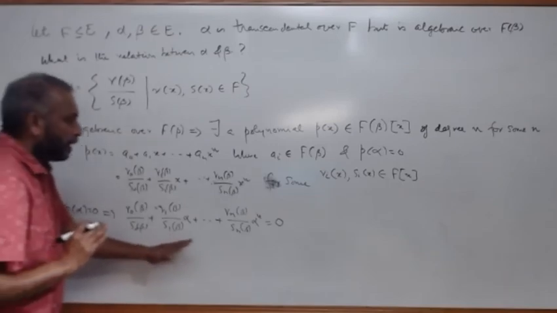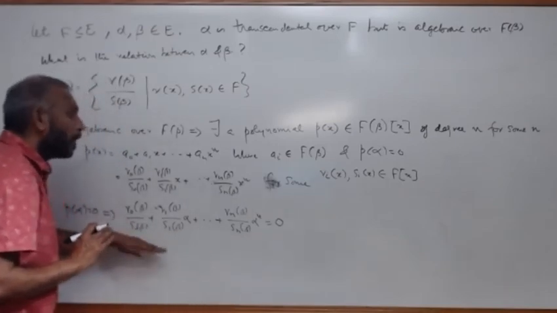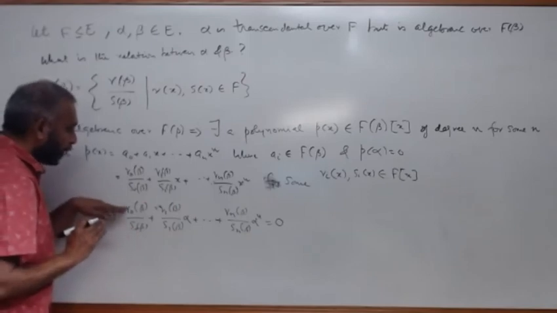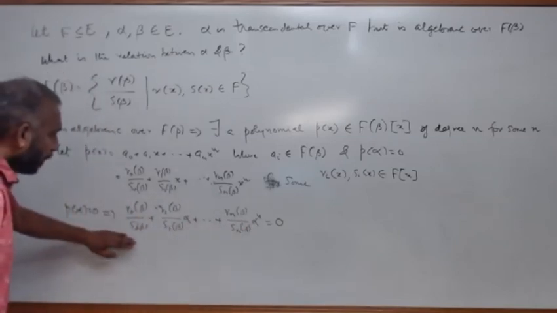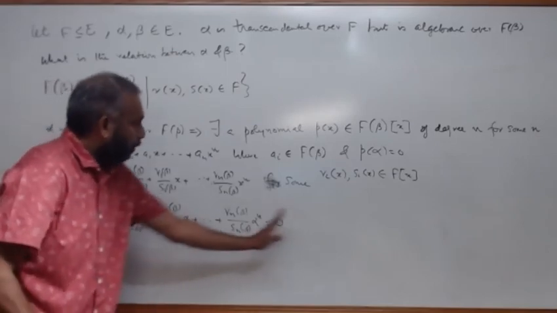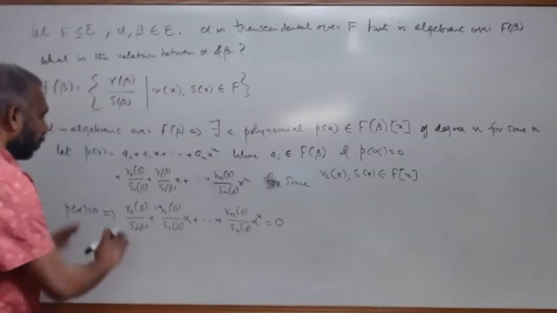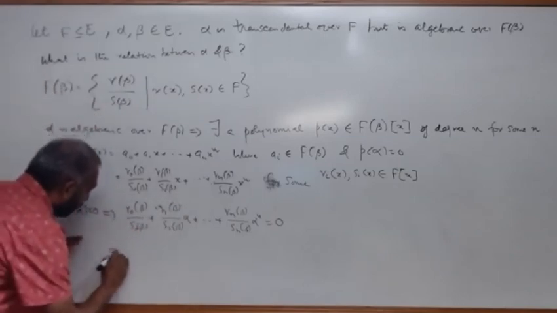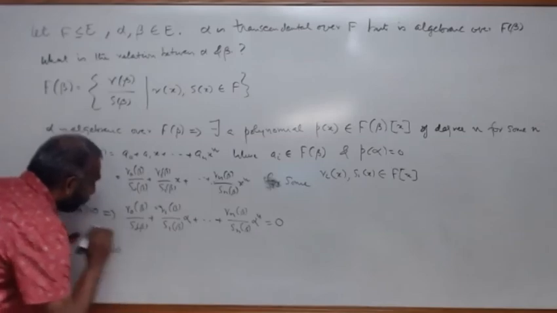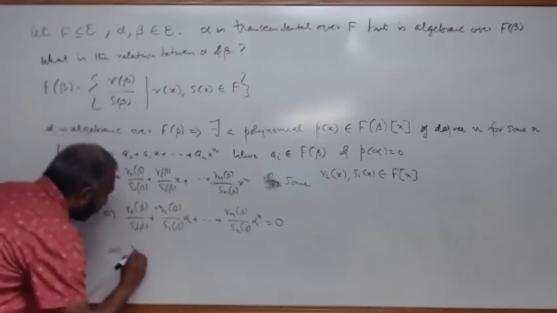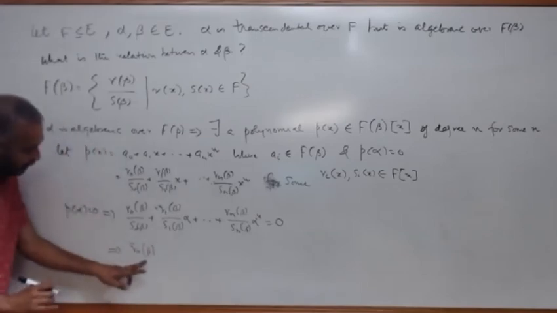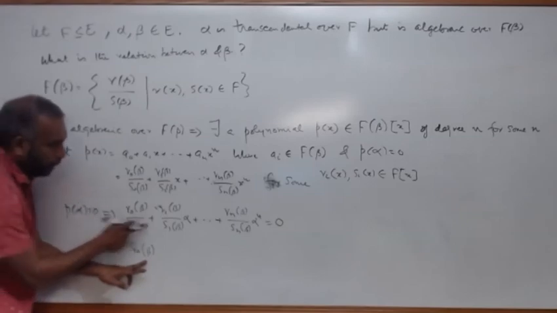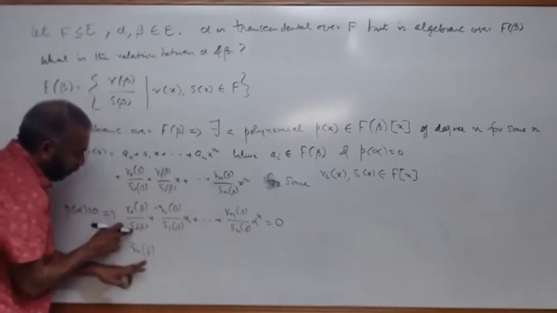This is a finite sum of quotients of polynomials in beta and alpha. So what we are going to do is multiply by the product of the denominators on the left hand side and right hand side. I am not going to write the whole thing, but I am going to write it like this. This implies R0 bar of beta, this R0 bar of beta means this multiplied by the product of the denominators. So s0 will be cancelled out.